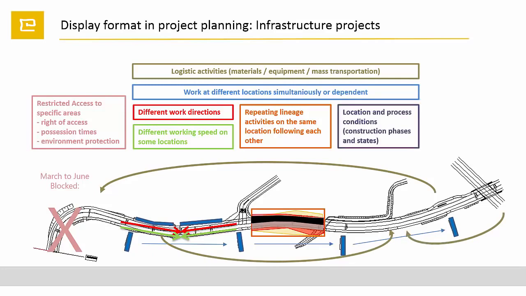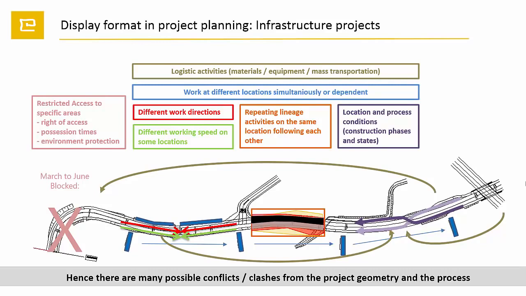Very often there are additional location and process conditions when specific construction phases and states are defined for a location. Or the construction process has to swap to the other side due to traffic redirection phases. As a result of all these conditions, there are many possible conflicts and clashes that have to be included in the planning.